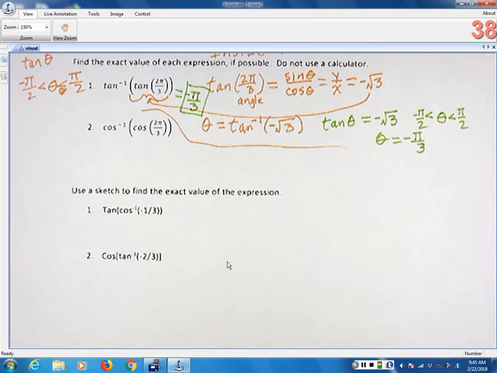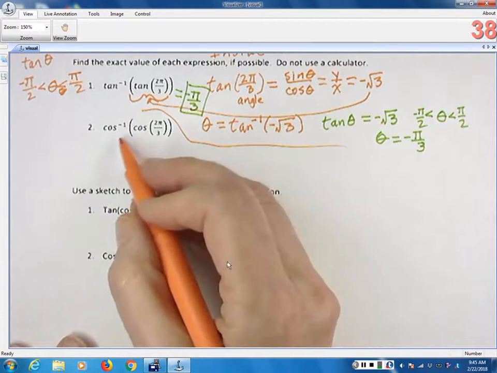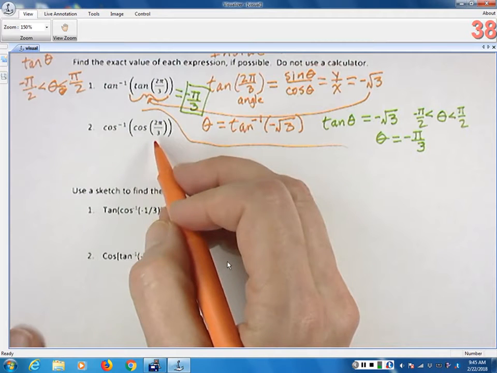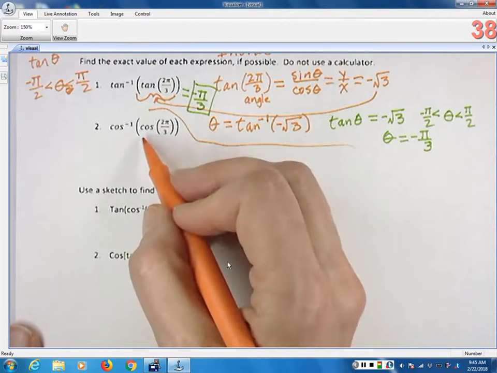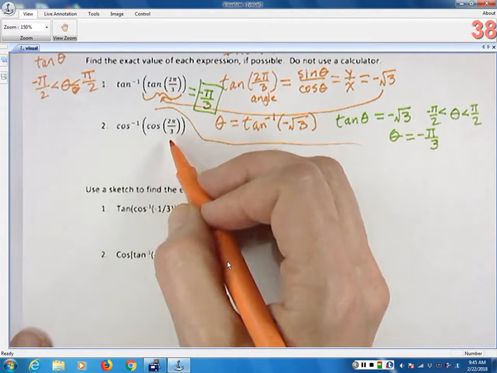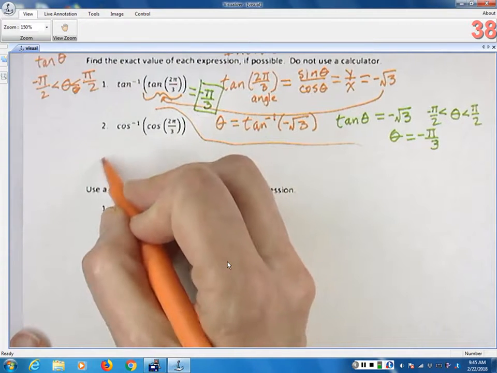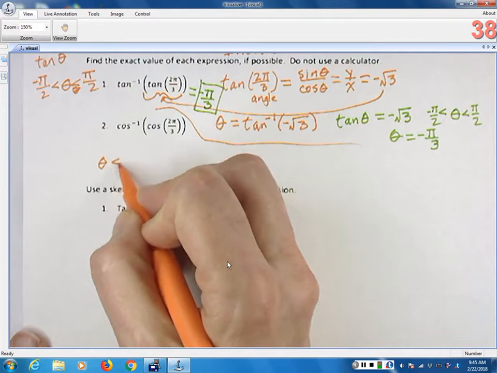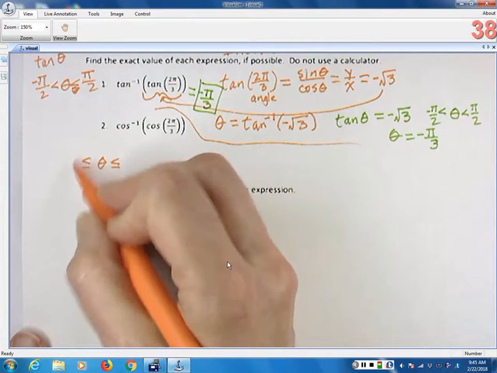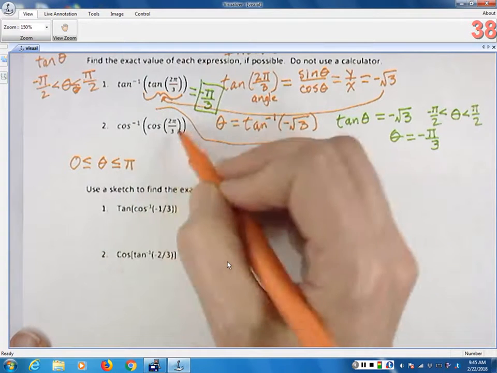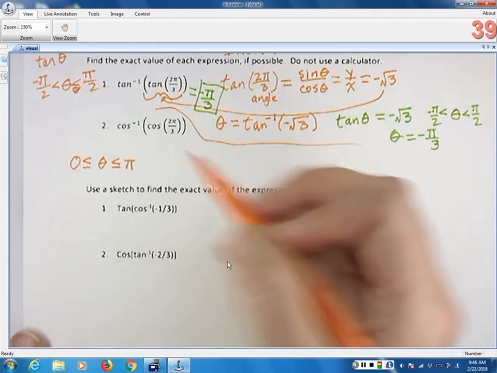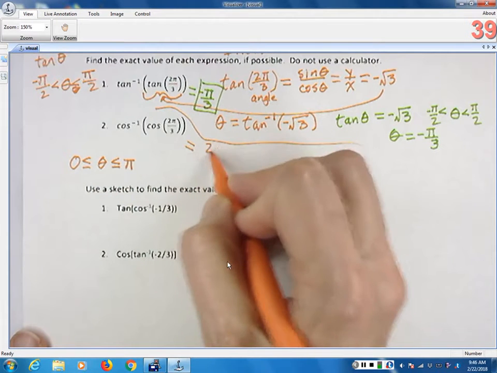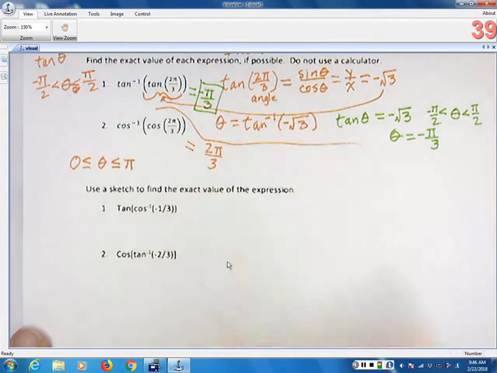So if you do this one, what's the restriction on the cosine domain? Theta for cosine has to be between 0 and pi. Is this angle between 0 and pi? Yes. So in that case, this just equals 2 pi over 3, and there's no work required.